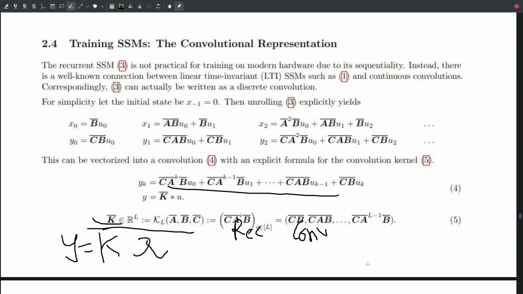The authors have claimed that even though this sounds good and could be parallelizable, imagine you have 10 SSMs stacked upon each other.